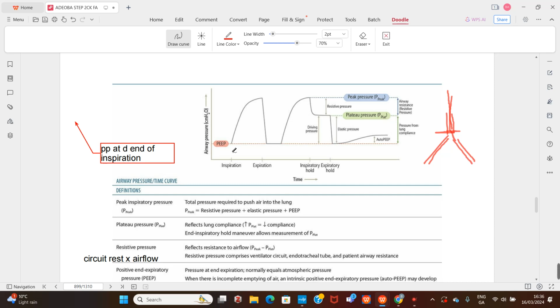So if the person takes less than 12, your machine will continue for that person, so that the person doesn't take less than that. Your mechanical ventilator has so many functions, but we cannot go into all those details right now.